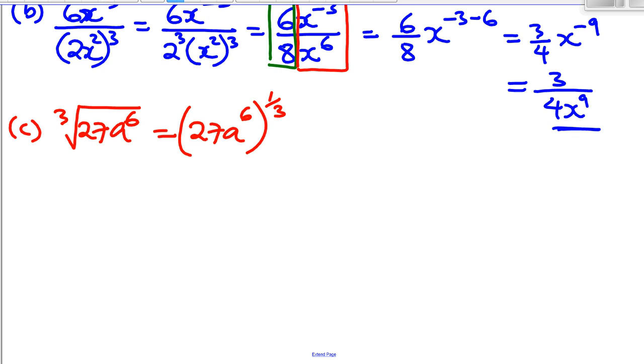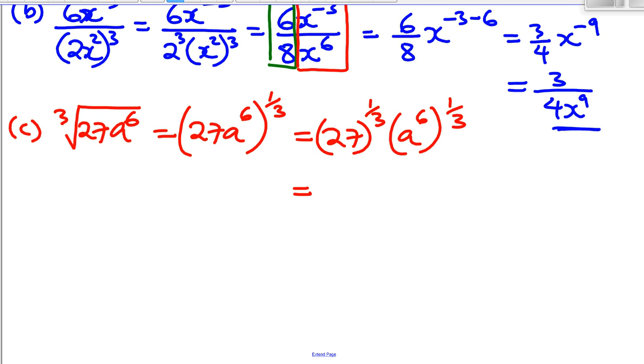Now you can write everything to the power a third, so 27 to the power a third, because it's everything to the power a third, 8 to the power 6 to the power a third. Simplify this: 27 is same as 3 cubed to the power a third, and then you have 8 to the power 6 to the power a third.